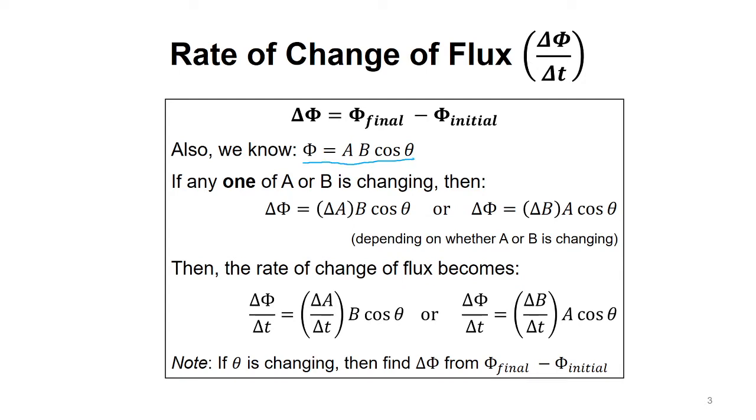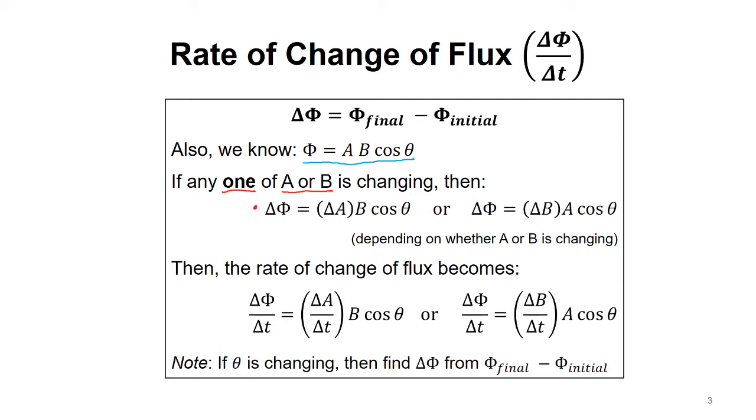Now, let's say your flux is changing because just one of area or field is changing, not both. So let's say your area is getting bigger or smaller, or your field is getting stronger or weaker, and you're trying to find how much the flux changes.